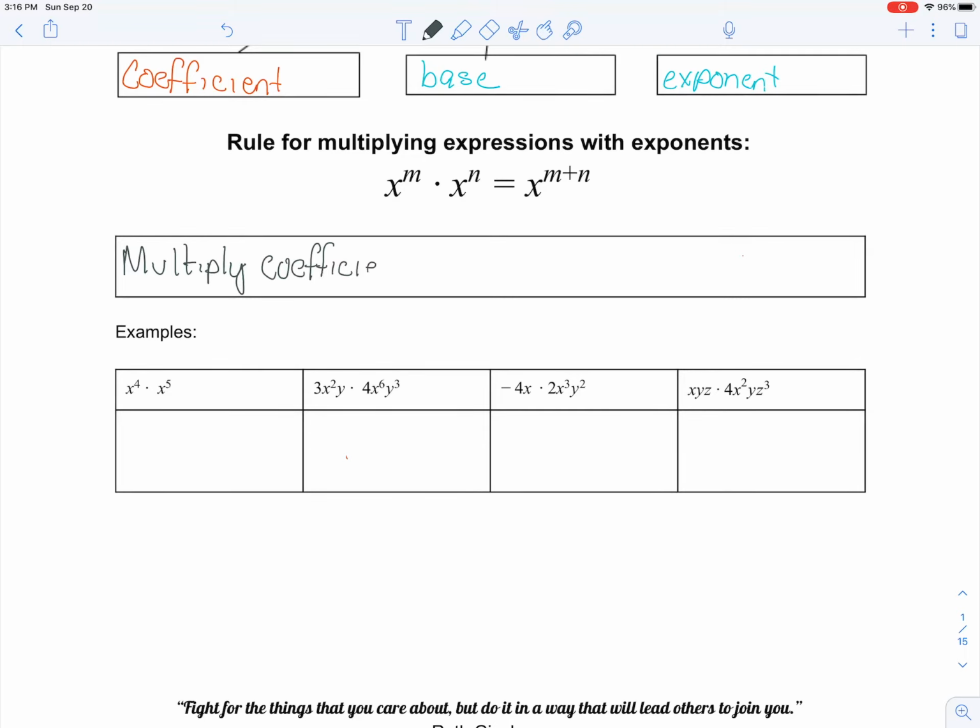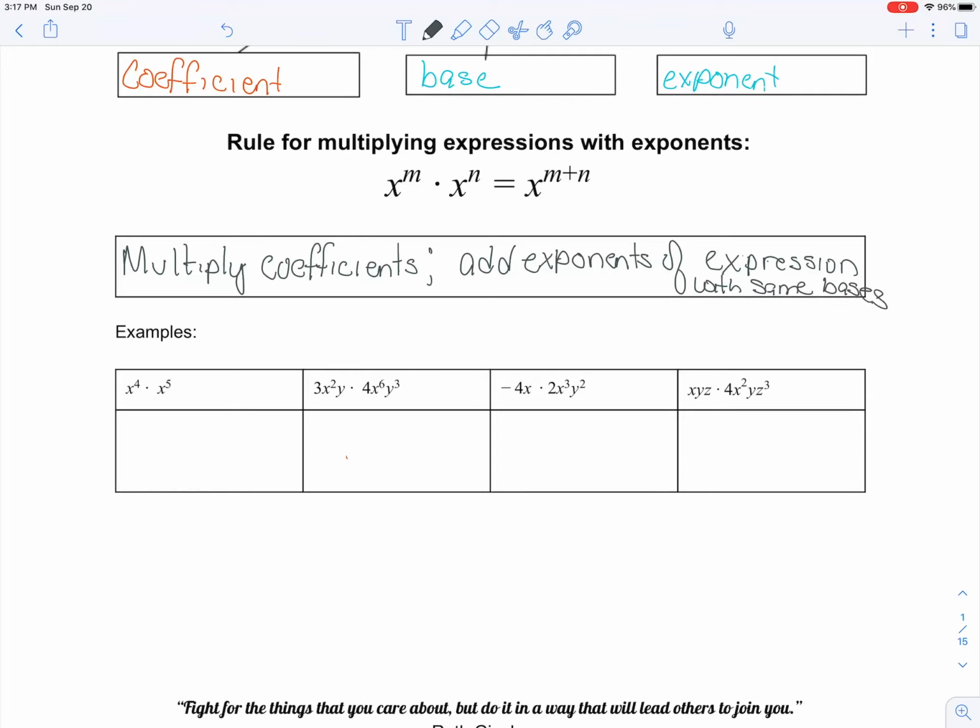So we want to multiply the coefficients, and then we add exponents of expressions with the same base. I guess I should say same basis.